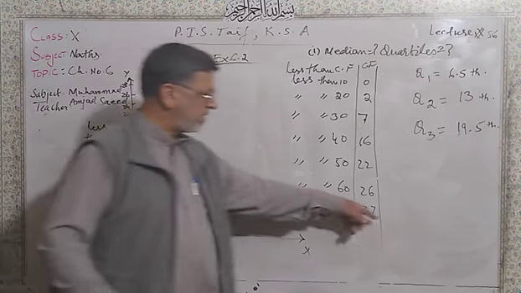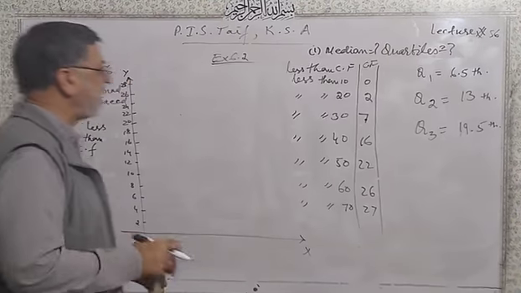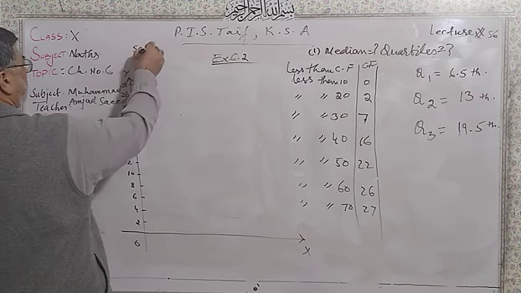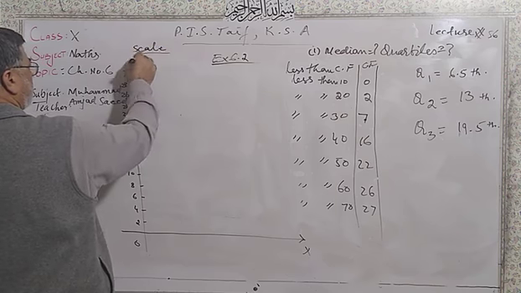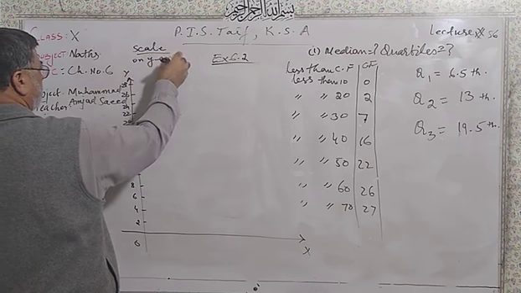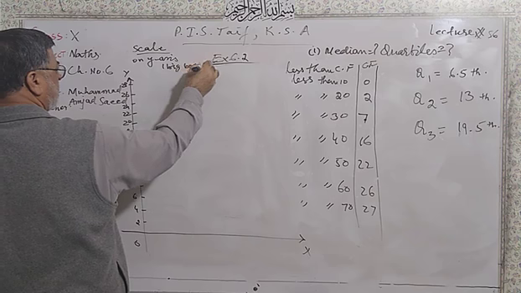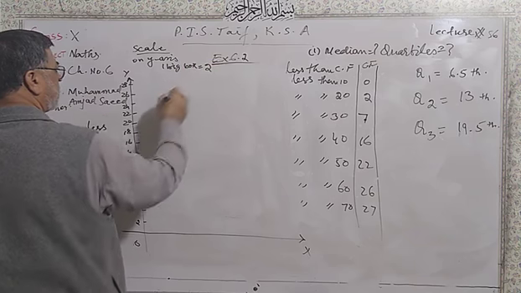Actually the total is 27, so that's why I'm taking this scale on the y-axis. One big box is equal to 2.